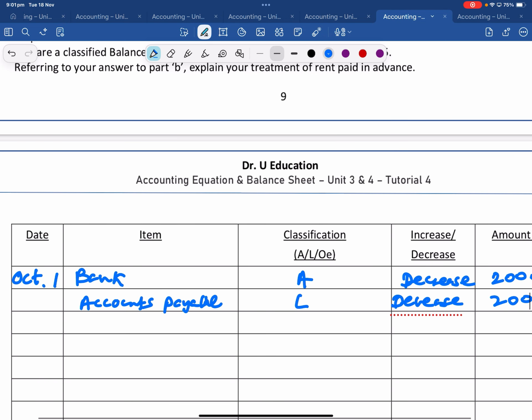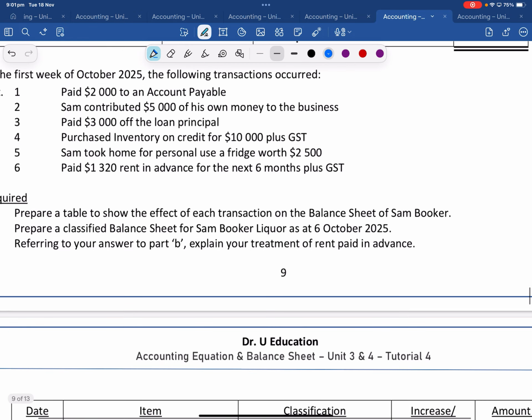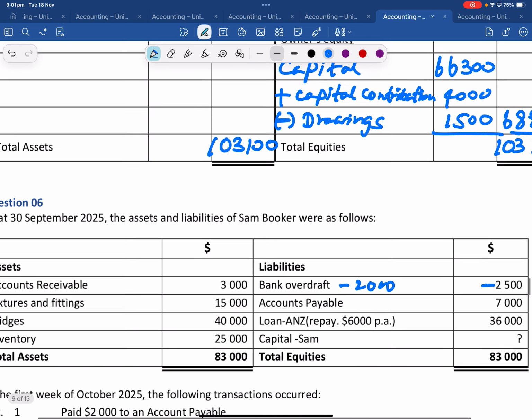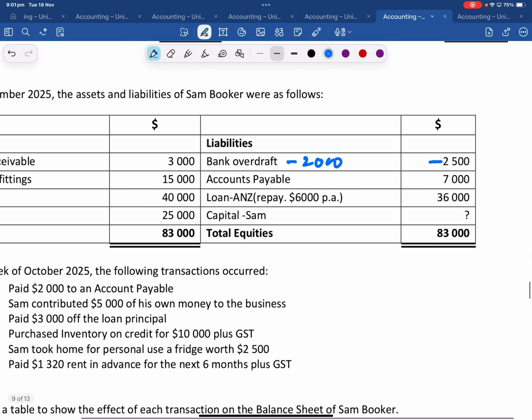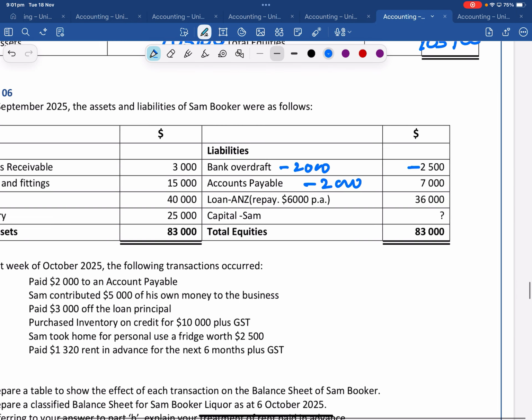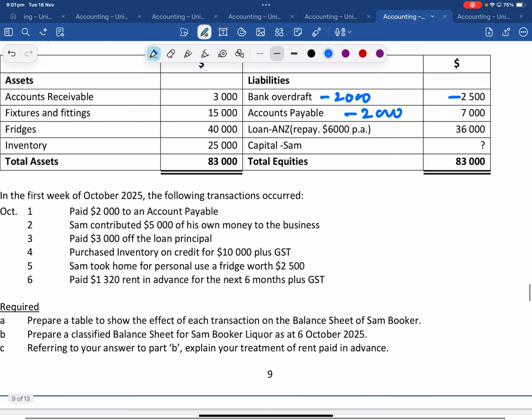Is it clear? Then I had to record it in the balance sheet: accounts payable decreased 2,000. Just treat it as bank. Bank decreases. Okay?